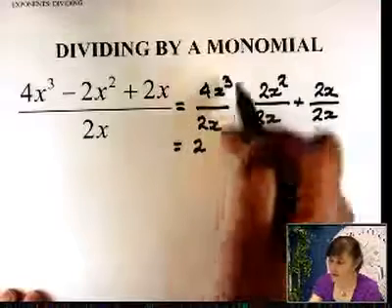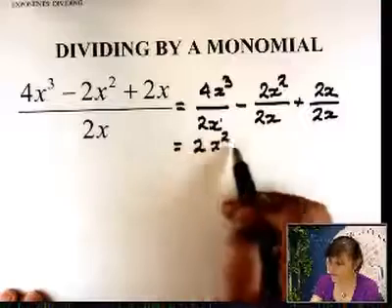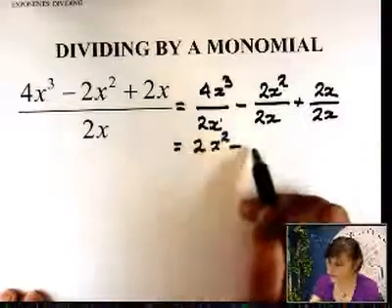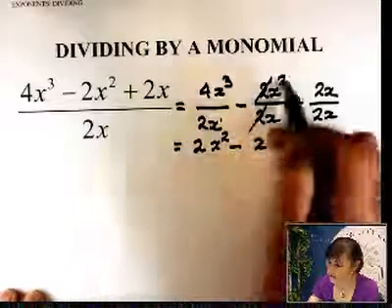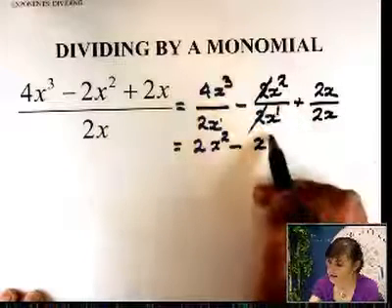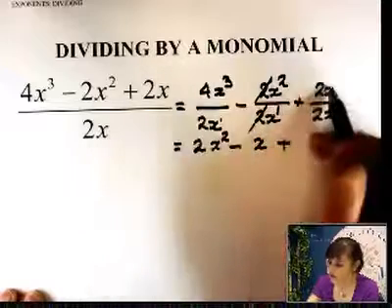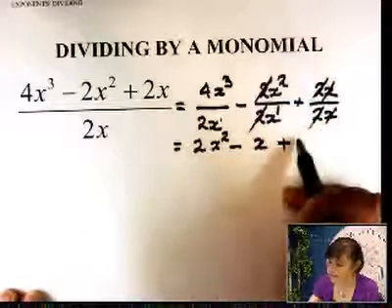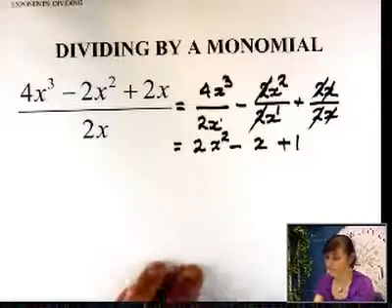X cubed and x, 3 and 1. 3 minus 1, that's 2. Minus, 2's will go. You have x to the 2 minus 1, there's a hidden 1 in there, that's 1, so I don't have to put that 1 in there, plus 2's go, x's go, you have 1. A little harder.